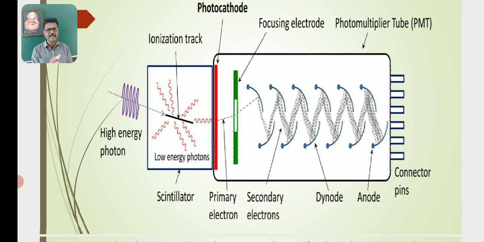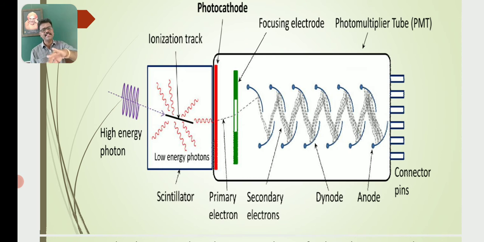These primary electrons are accelerated with the help of a high potential difference. Then they acquire high energy. So the primary electrons with high energy are made to strike the dynode. When they strike the dynode, secondary electrons are produced.